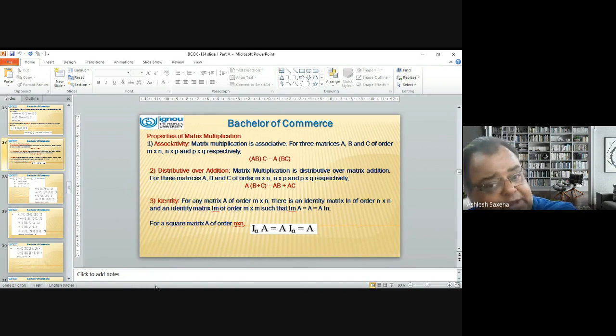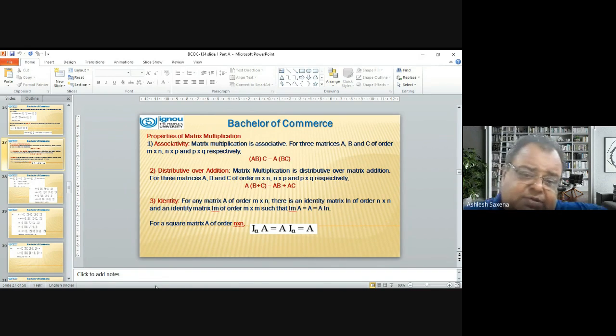AB into C will be equal to A into BC. As far as the distributive property is concerned, matrix multiplication is distributive over matrix addition. For three matrices A, B and C of the respective orders M cross N, N cross P, and P cross Q, your answer will be A into B plus C equal to AB plus AC.